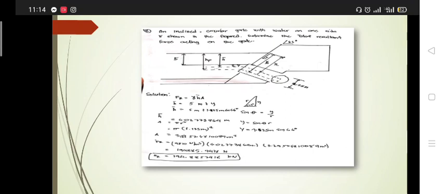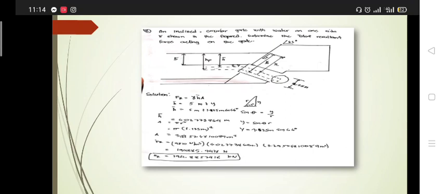To get the resultant force, multiply the gamma times height times area.